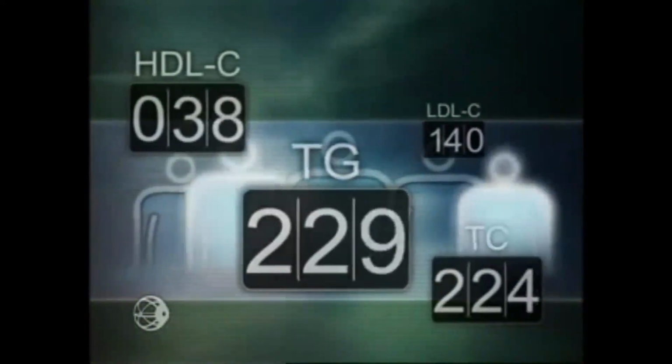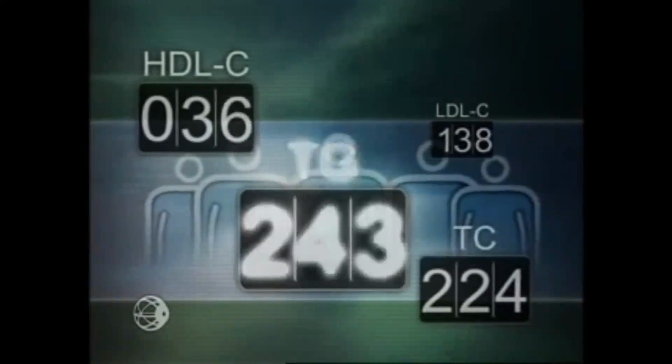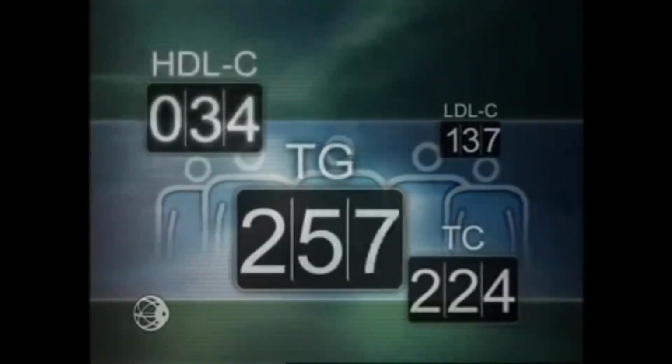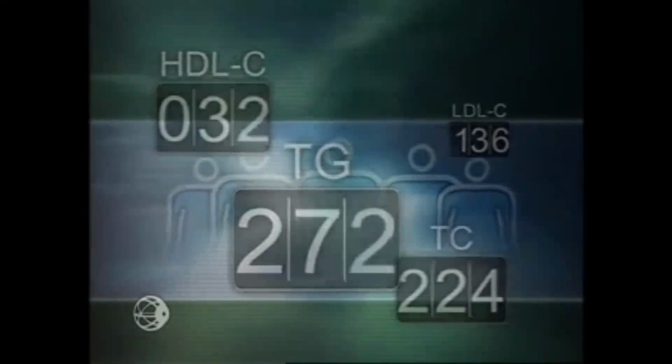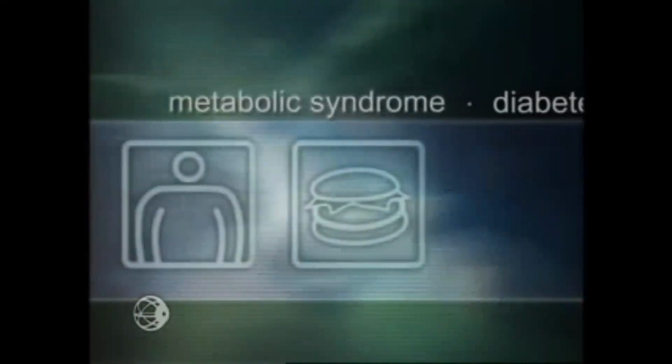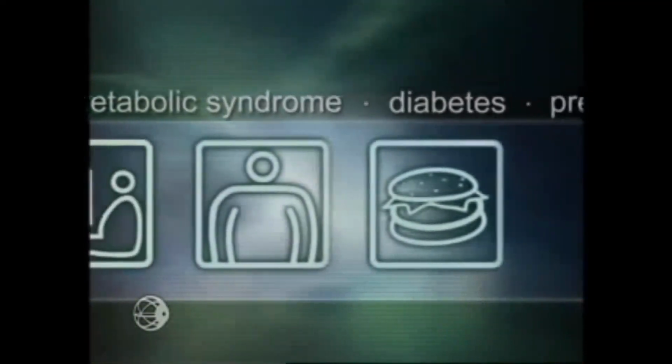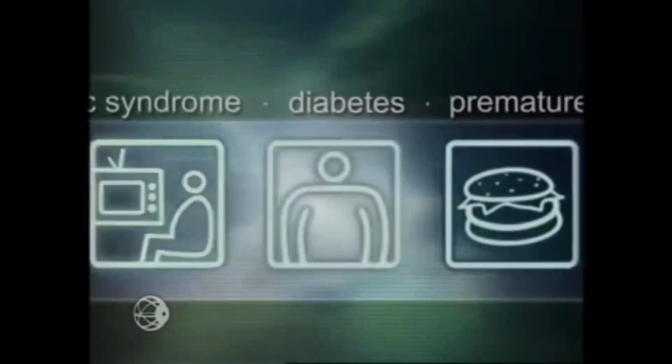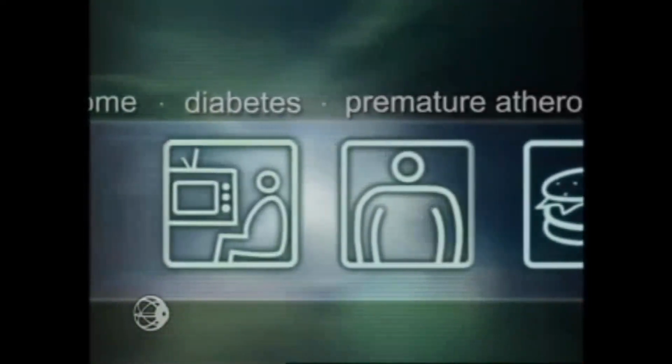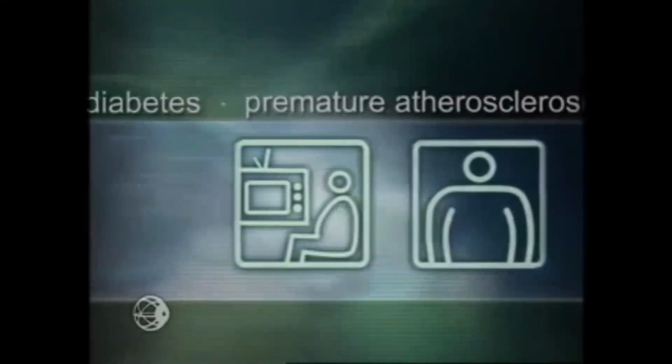Hypertriglyceridemic patients at risk exhibit elevated triglycerides and low HDL cholesterol. This profile is often associated with the metabolic syndrome and diabetes, resulting from overnutrition, obesity, and physical inactivity, and leading to premature atherosclerosis. The epidemic of metabolic syndrome is expanding the high-risk patient population and has led to changes in therapeutic guidelines.